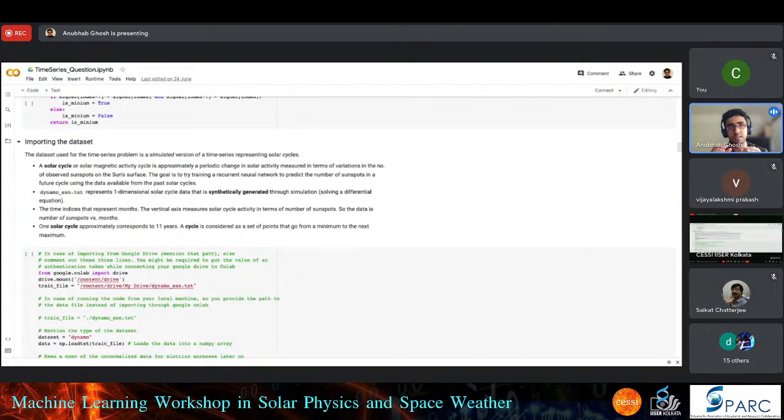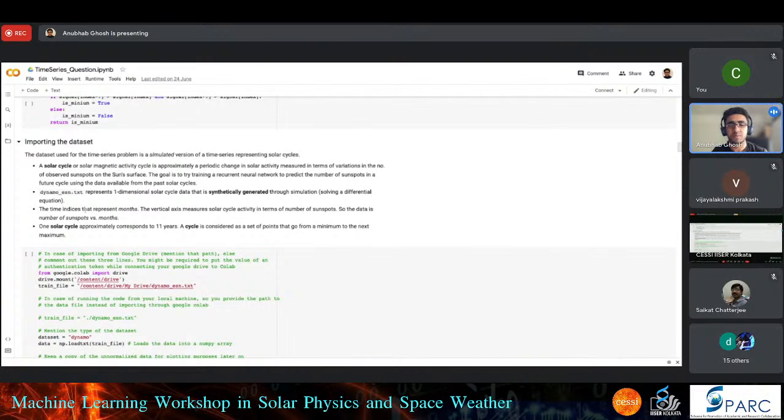It's a lot of data that's been collected, I think, on a monthly basis, so it's not a huge amount of data. This is simulated data, so you perhaps see a bit more samples here, but the real data will have even fewer samples. As I explained, this Dynamo ESN is a one-dimensional time series that is synthetically generated through simulation.